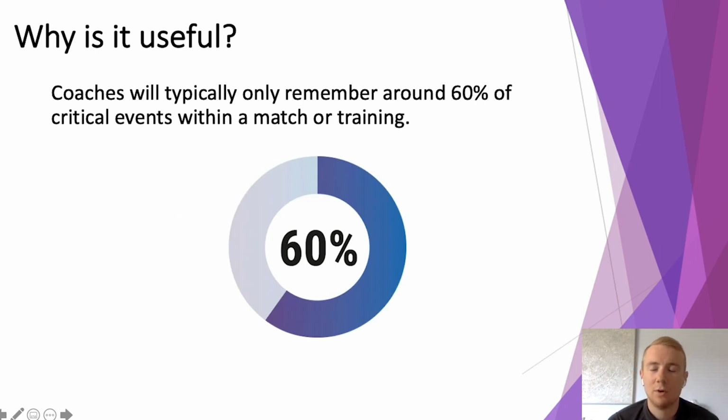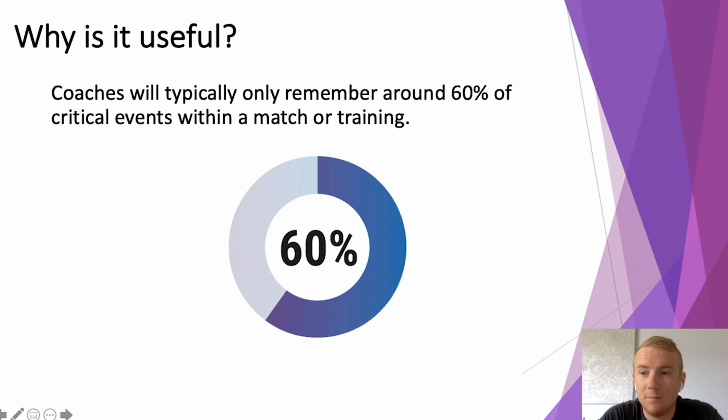Now, just to go a little bit further on this one, talking about coaches specifically this time, it's usually shown that coaches will only remember around 60% of critical events within a match or training. There was some research done a few years ago now that looked at coaches and how much they could actually remember.